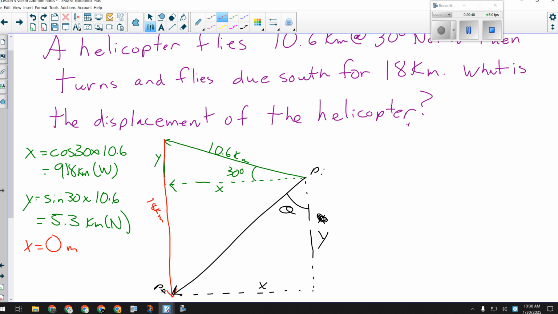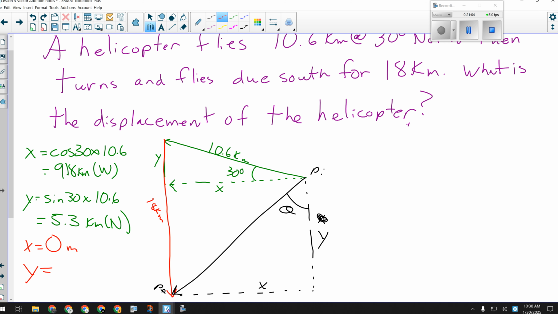That means that red y is how much? If I just go due south, I went how far south? Okay.